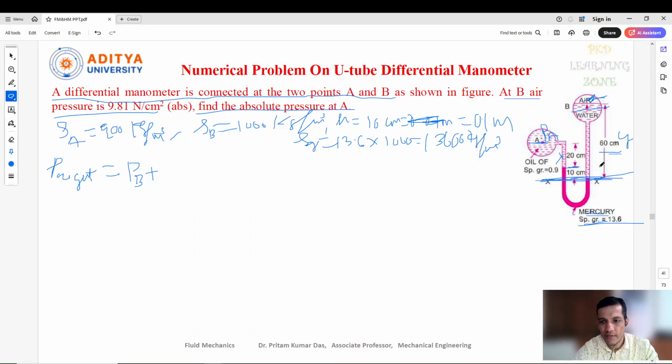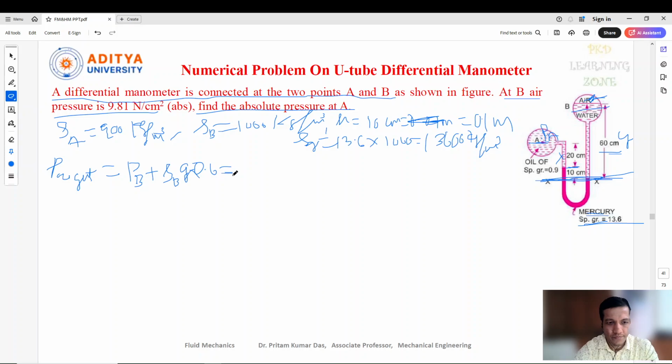For the 60 centimeter, that is Y, it means 0.6 meter.